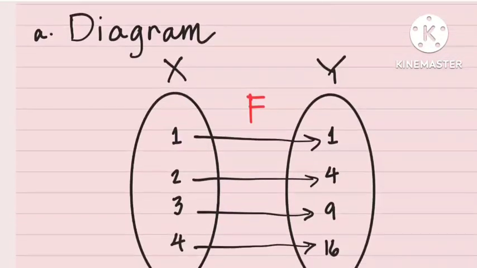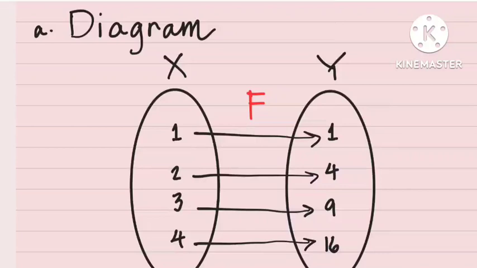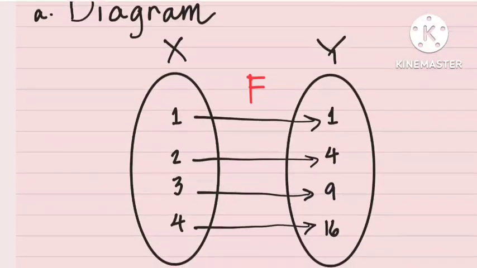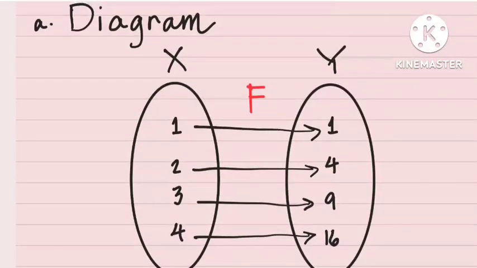First is diagramming. So you see here a diagram. You see our first set and then our second set. This is our first, this is our second. So you see in the diagram, every element in the first set, the domain, is connected to how many elements in our second set?